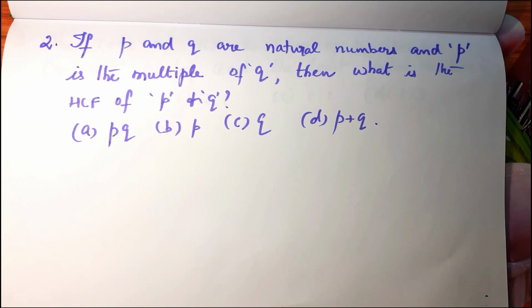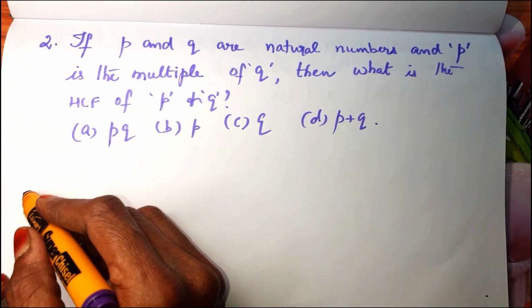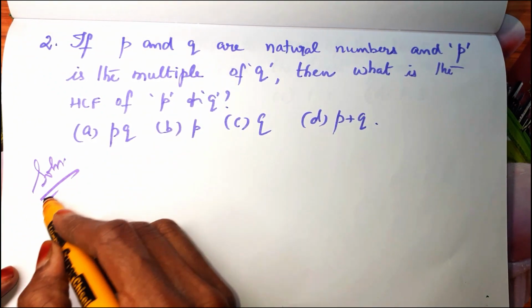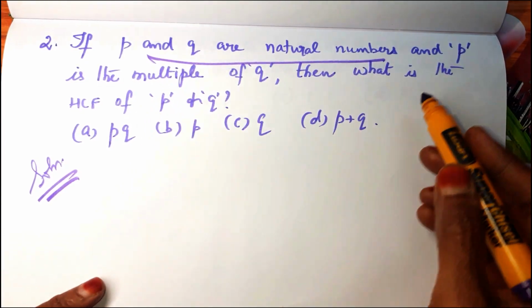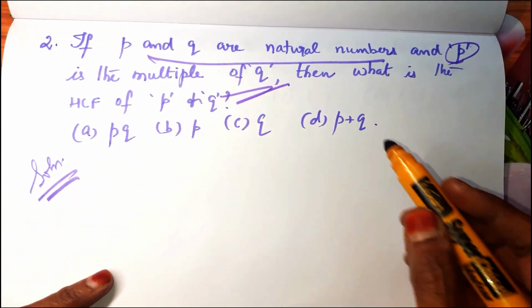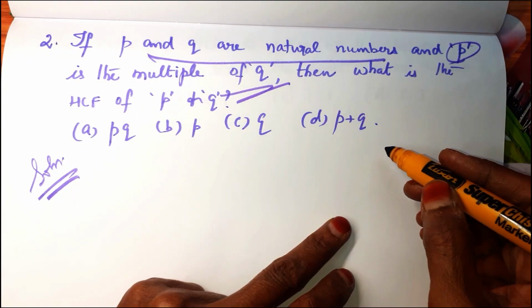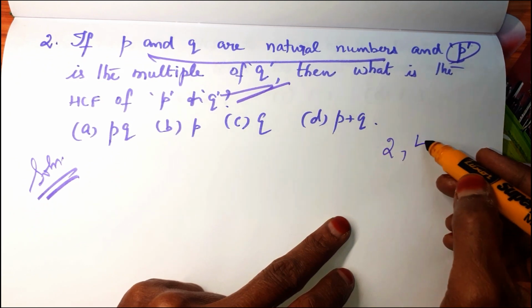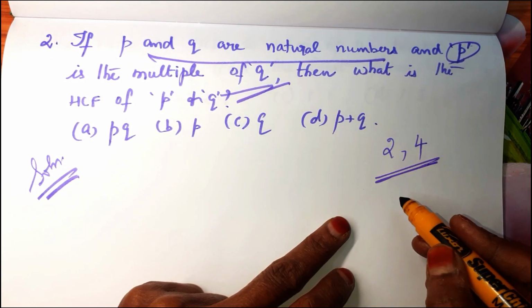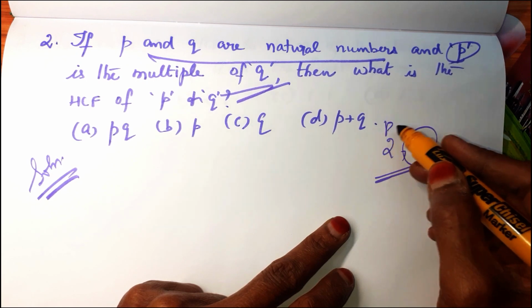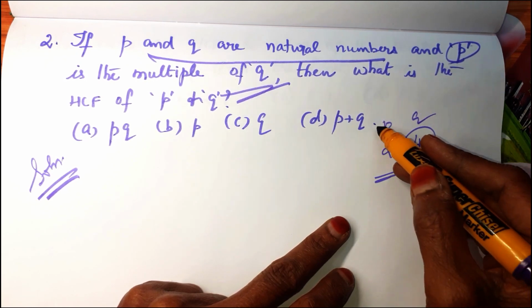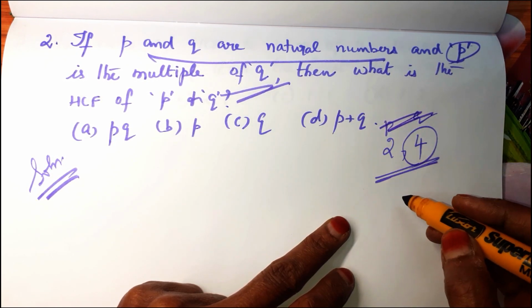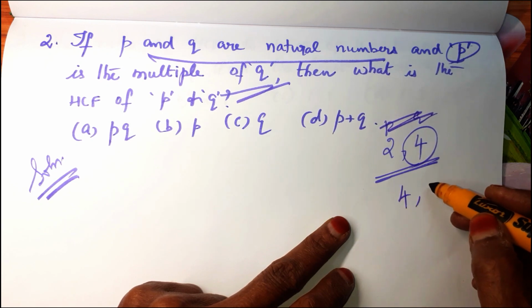The next sum is, if P and Q are natural numbers and P is a multiple of Q, then what is the HCF of P and Q? So what is given? P and Q are natural numbers and P is a multiple of Q. For example, I have taken two natural numbers, 4 and 2.